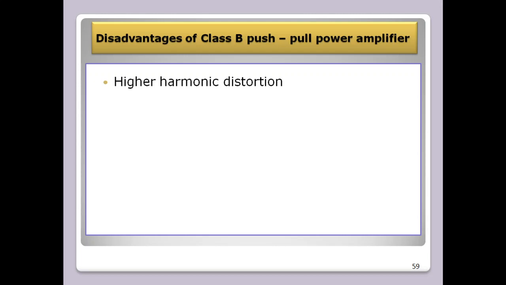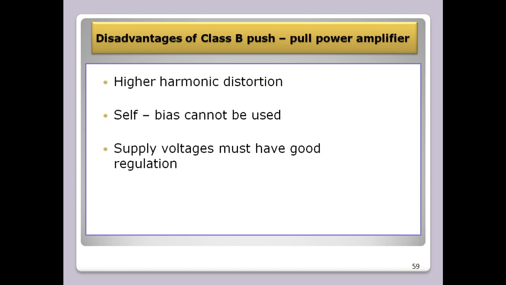Some disadvantages of class B amplifier are higher harmonic distortions, and self bias cannot be used because of the operating point shifts, and the supply voltages must have good regulation. Self biasing cannot be used in class B because there are no R1 R2 here, and supply voltages must have good regulation because a regulated supply should be given.